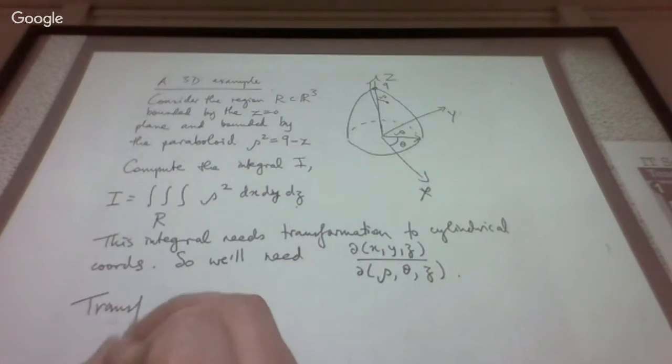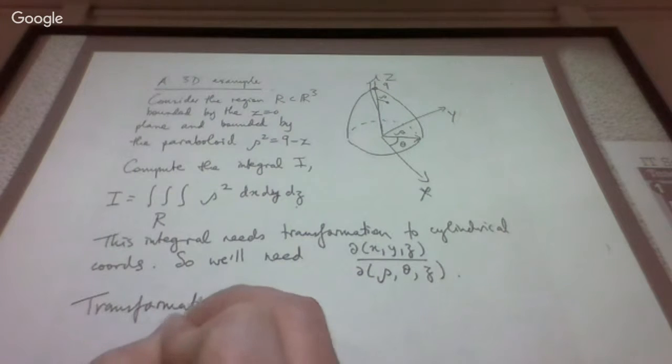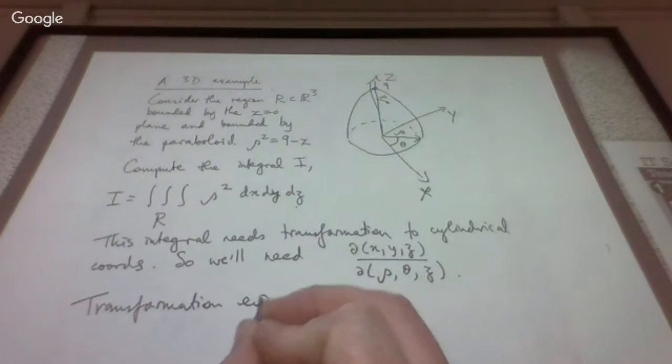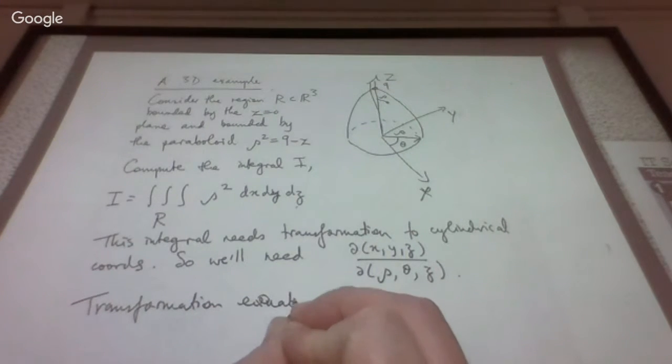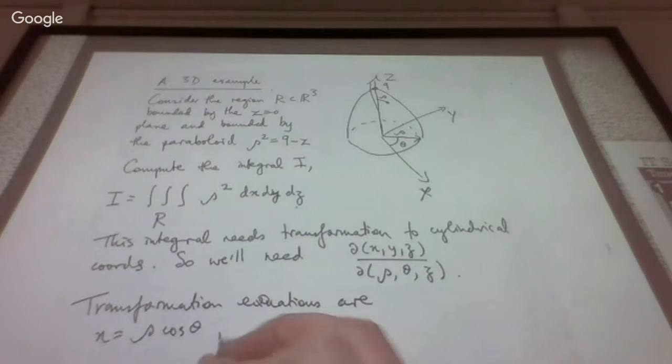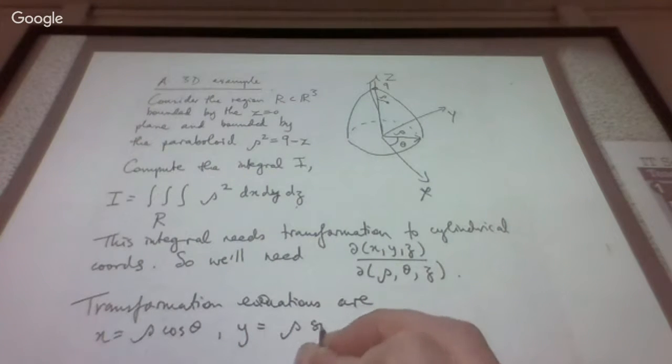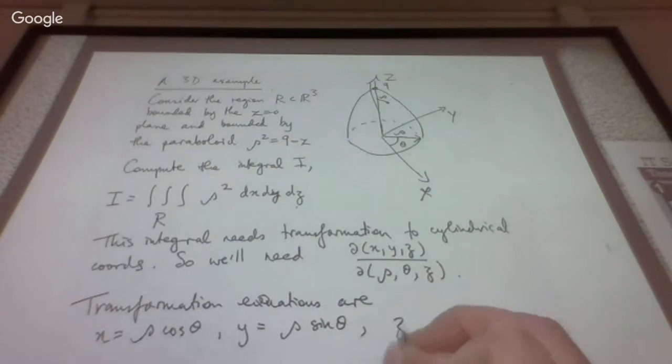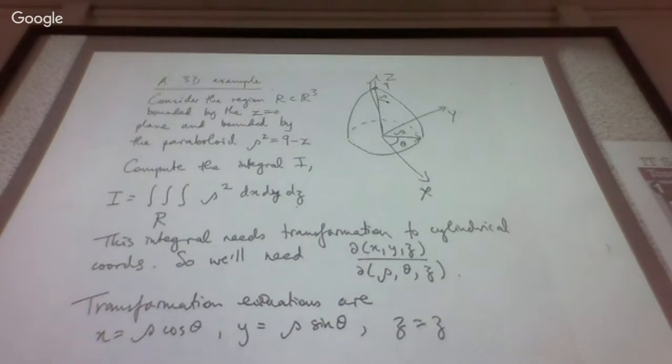So for cylindrical coordinates, the transformation equations between the two coordinate systems are, well, x was rho cosine theta, y was rho sine theta, and well, you've got this third trivial equation, z equals z, because we're using the same z coordinate in both coordinate systems.